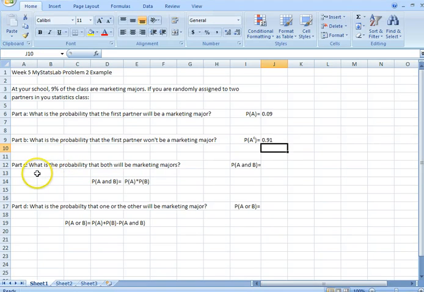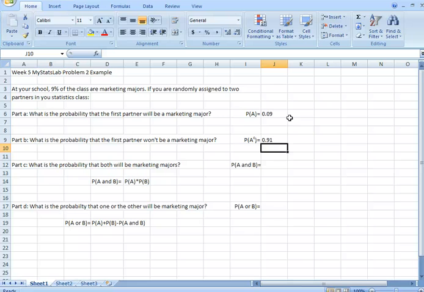Moving on to part C. What is the probability that both will be marketing majors? Well, for this we're going to use our multiplication rule, which says the probability of A and B, and the probability that the second one is also going to be a marketing major, we will call the probability of B. We have 0.09 as a probability that the first one will be a marketing major.